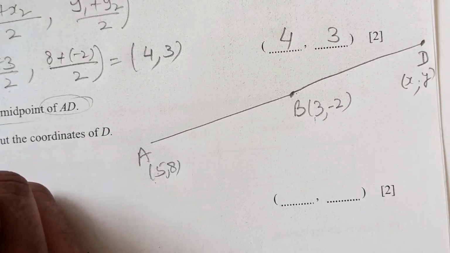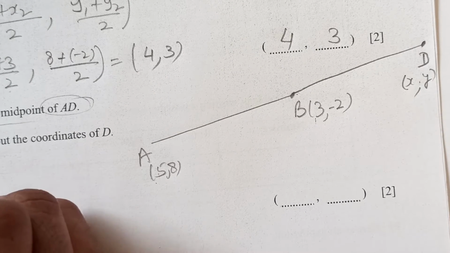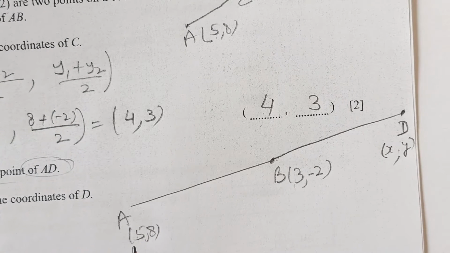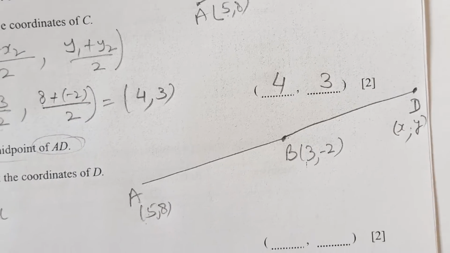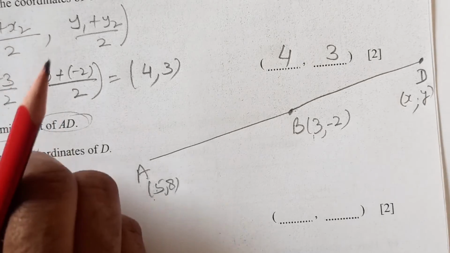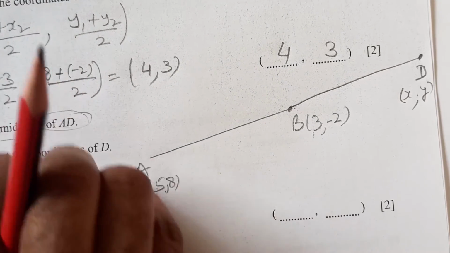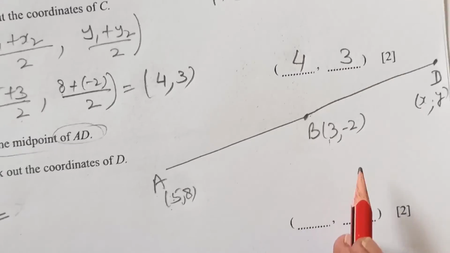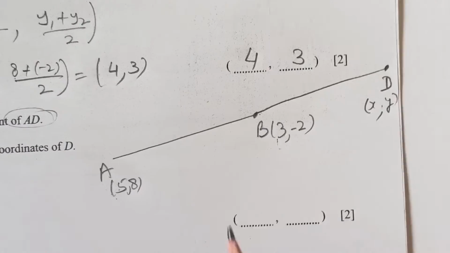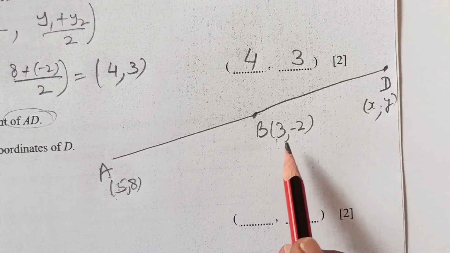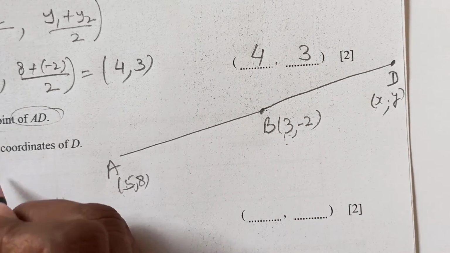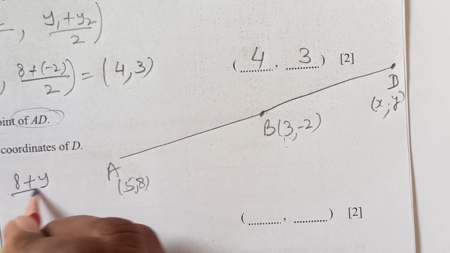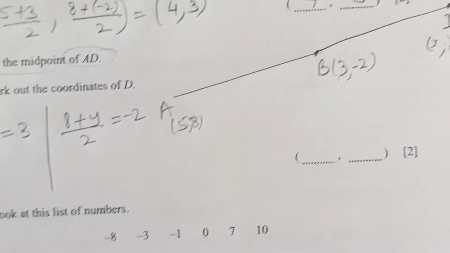So 5 plus 8 divided by 2, not 8, x, because the midpoint now is (3, -2). So 5 plus x over 2 equals 3, and secondly 8 plus y over 2 is equal to minus 2, right?